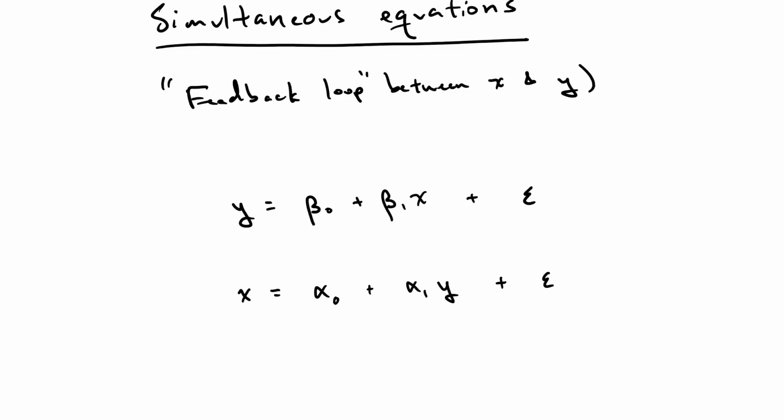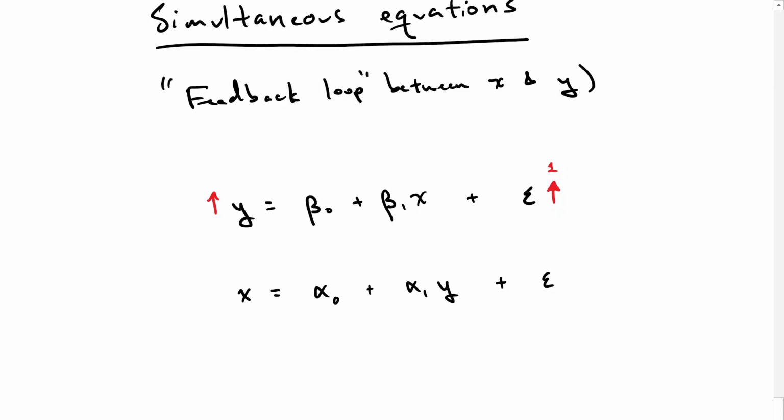So what does this mean, and what does this look like as a simultaneous equation? Let's suppose there's a random shock to y coming through the error term that's not explained by any changes in x. If epsilon goes up, that means y is going to go up because it's plus epsilon.